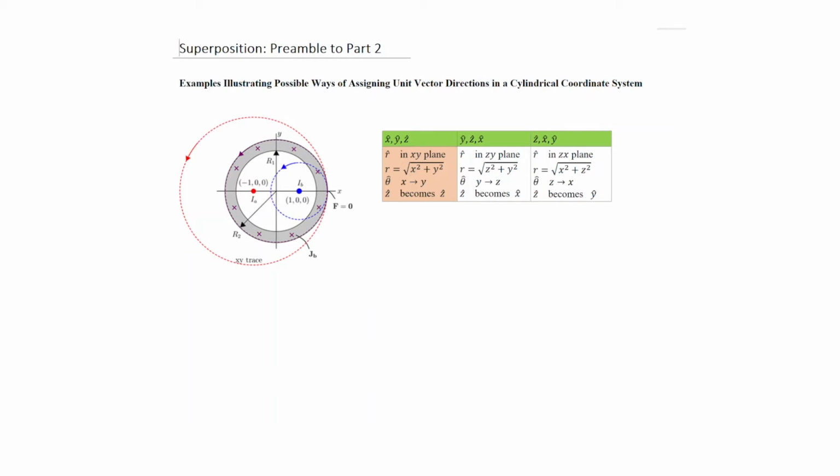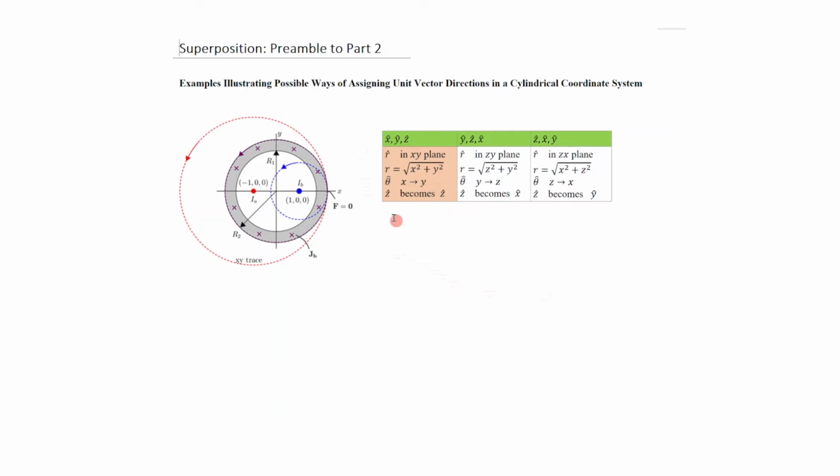We can still use cylindrical coordinates, but theta hat has a different meaning depending on the plane that you're operating in. The ones we are typically familiar with is, in fact, the xy plane. R is defined as the square root of x squared plus y squared because it's in the xy plane, and theta hat is taken in the direction going from x to y. And z hat is pointing out of the plane and is still z hat. So this is what I would call our benchmark, which is typically what we use.